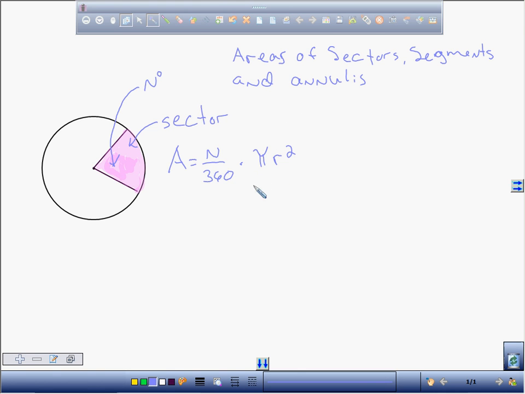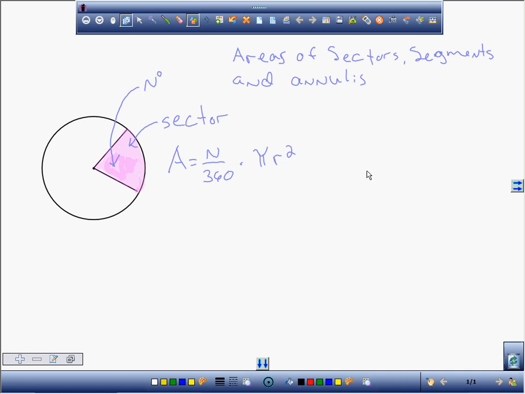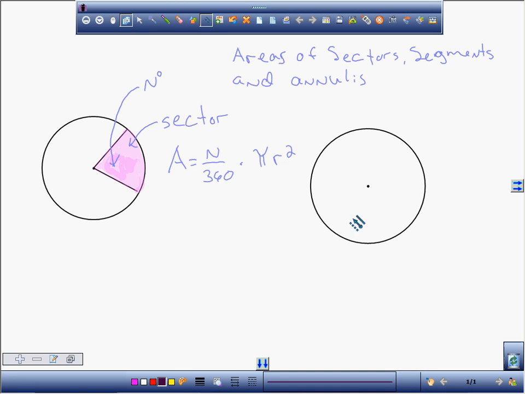And so, for example, we have some straightforward ones. What's the number of degrees of the angle? Of that shaded section. So, we'll do an example. Here's an example. Here's a circle. And I get my line.